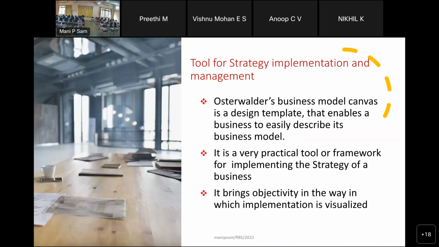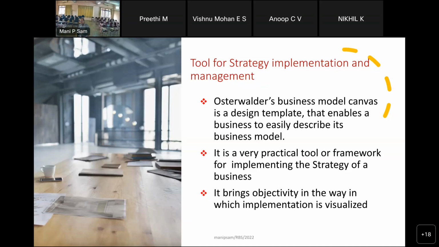Business model is the way in which the company creates value for its customer, the unique value proposition, delivers it, and gets compensated in terms of revenue from it. So the way in which the company earns revenue is its business model, and the whole business model can be nicely described on a business model canvas.